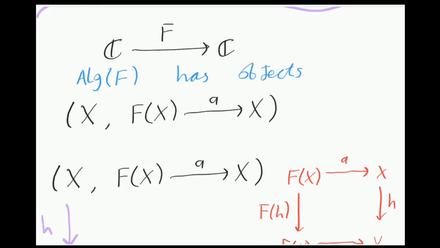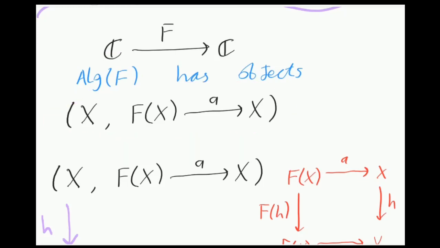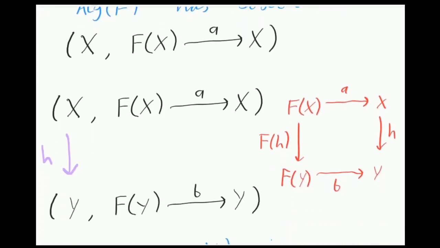Right, so that's the idea of an ordinary algebra of an endofunctor. And in fact, these algebras can be thought of as objects within a category. We call that category Alg of F. And so its objects are these algebras of F. And what's a morphism, what's an arrow h, from one algebra to another algebra?